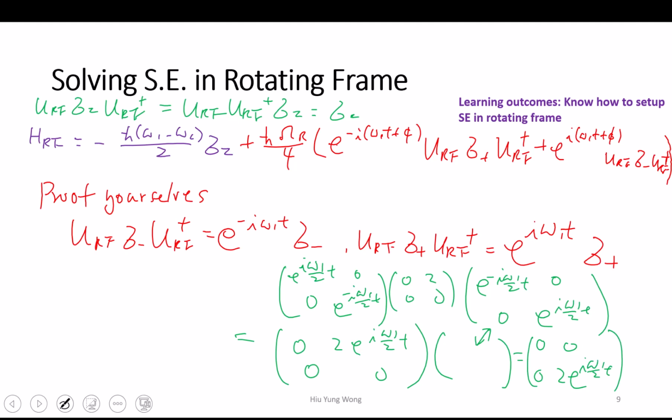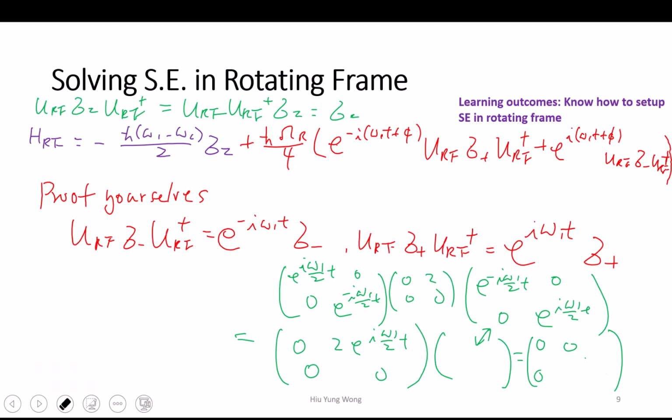There, I did something wrong. Should it be plus or minus? Let me check again. No, this is wrong, right? It should be at the top, correct?